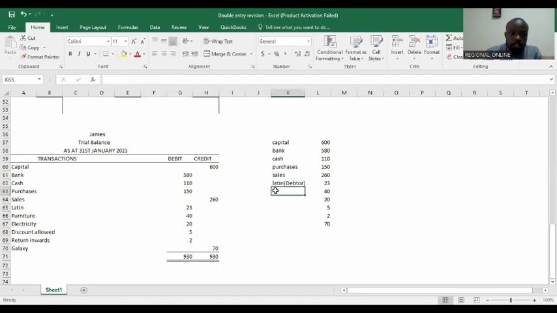Then furniture. Furniture, you have electricity. Discount allowed.